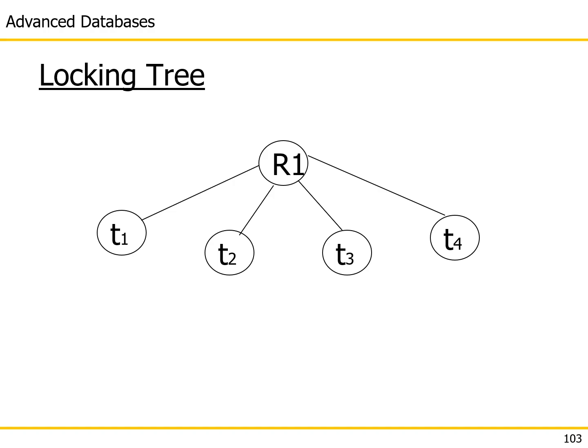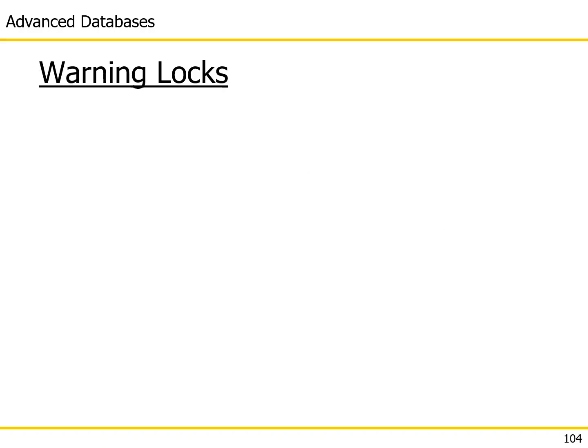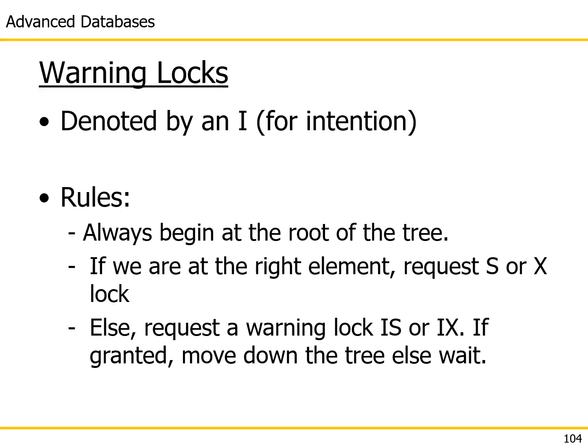So let's move on, and this will become clearer later on. What you're actually looking at here is a tree that represents the relation, which I'm calling R1, and below it there are 4 children, 1 for each one of the tuples. So this relation has only 4 rows. Now it will become clearer soon. The way this works is as follows.